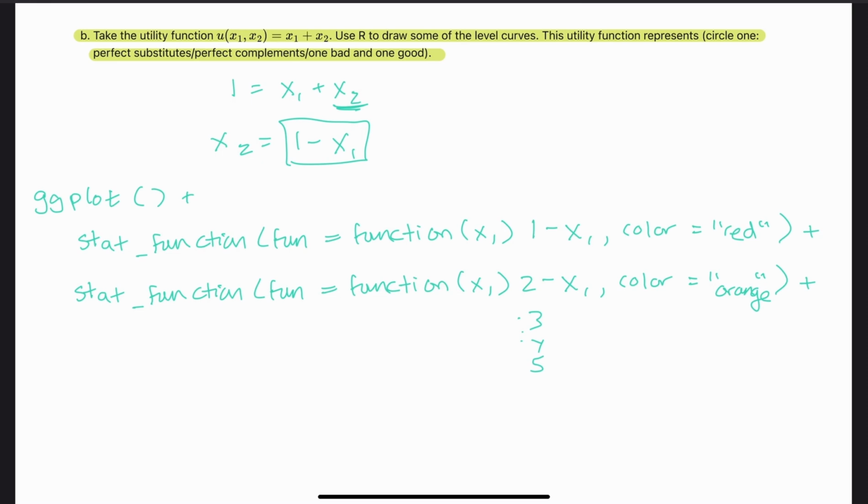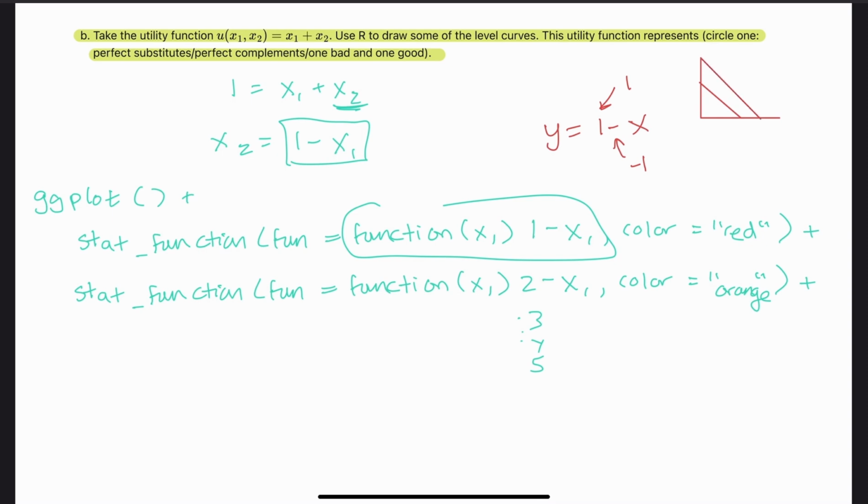When you draw these level curves, you should expect to get, this is y equals 1 minus x. Our slope is -1. Our y-intercept is 1 in this case. So the indifference curves are going to look like this.